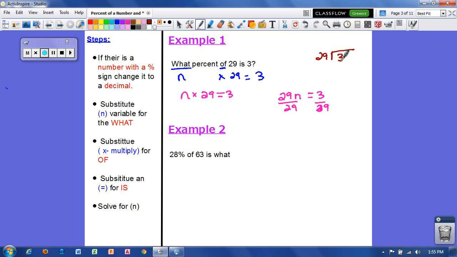Alright, 29 cannot go into 3, so I have to add a decimal and a 0. Decimal goes up. 29 can go into 30 one time.